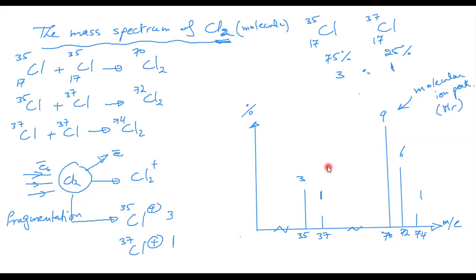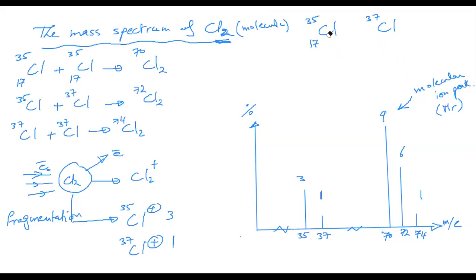For chlorine-35 to chlorine-37, the ratio is 3:1, and since there are two of them together, because it's diatomic, you square the number. What you're saying is correct, but we have to do some calculations, because usually they want us to make some calculations.